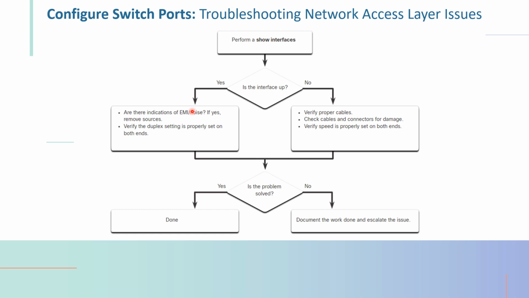And if the problem is solved, that's okay. But if it is not solved, you have to document the work done and escalate the issue to the proper site. In both cases, you have to document everything you have done for further investigation if it would be the same problem.